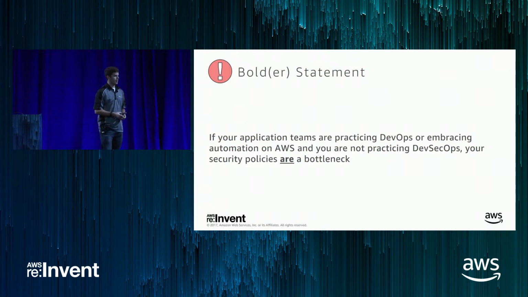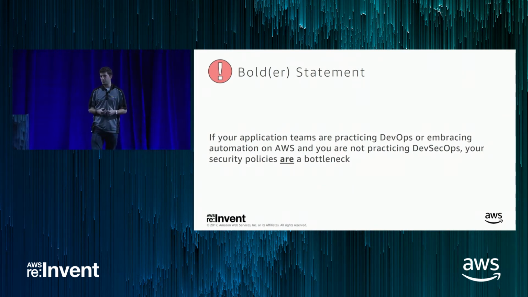If you set forth policies and practices as a security organization that put really tight guardrails, whether it be on the features they're able to take advantage of, or on the processes they need to go through in order to gain approval for things like deployments or security group changes or provisioning new infrastructure, and you're not embracing DevSecOps and you have a lot of manual processes that still exist, your practices can become the bottleneck.